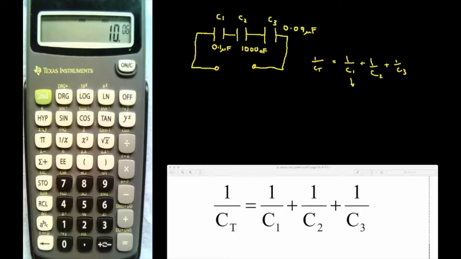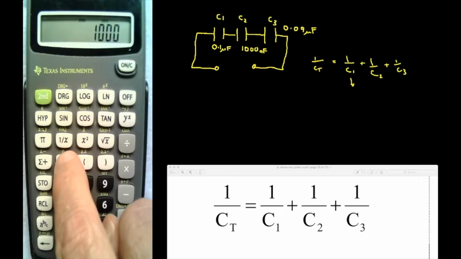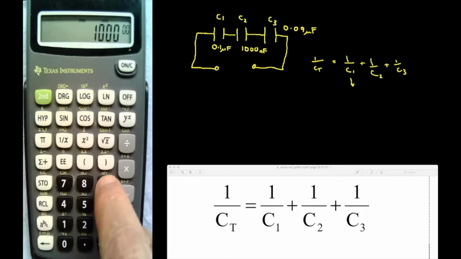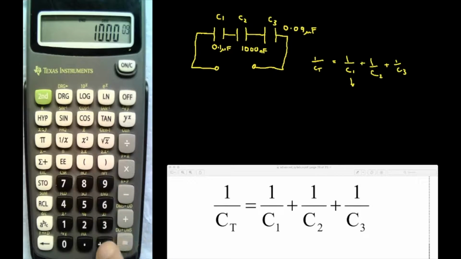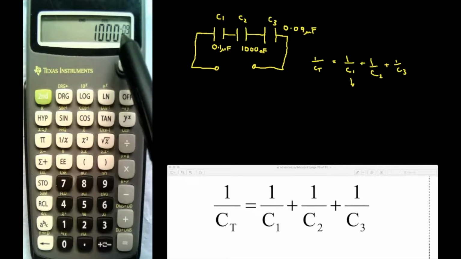And now I want to do C2. So I say plus, and I put in 1000 EE 9 minus, change sign, for nano. So now you can see on the display I've got 1000 nanofarads in.